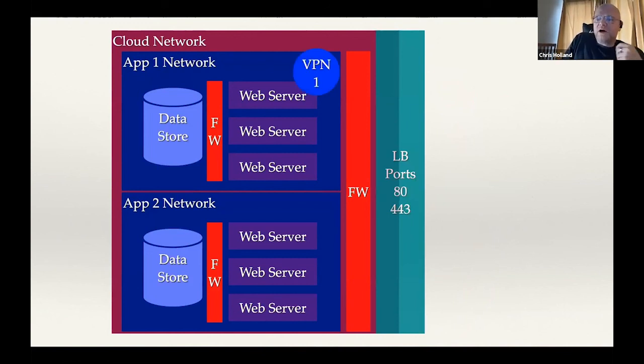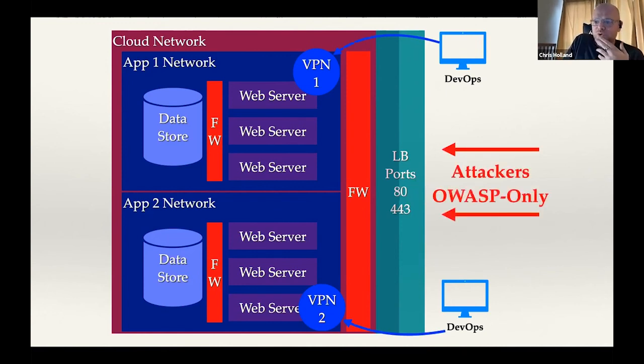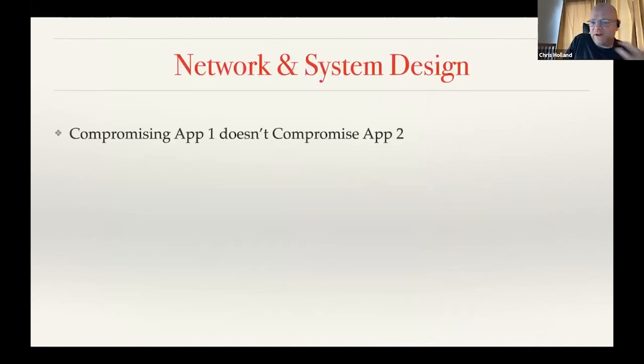You might have a VPN network for your first application, another VPN for your second application, so your DevOps folks can go in and do their things. So if you do something like this, that's one way to do it. Now you are confining attackers to OWASP-only attack vectors, and that's a much better posture to have. So that's the benefit of all of this.